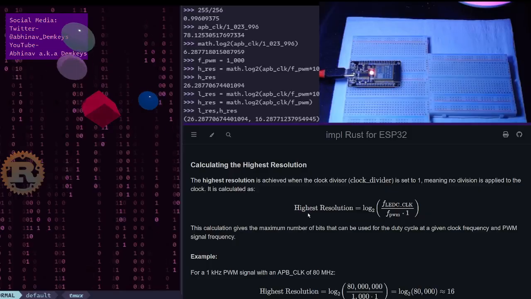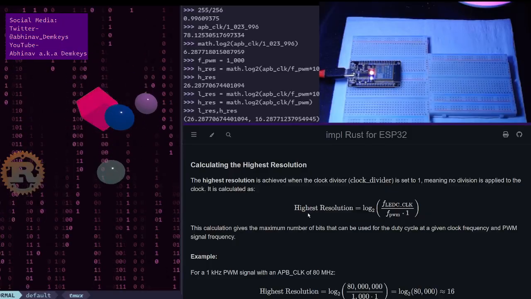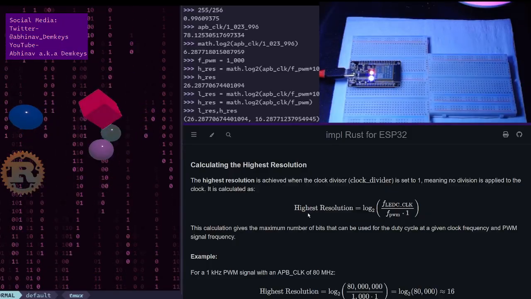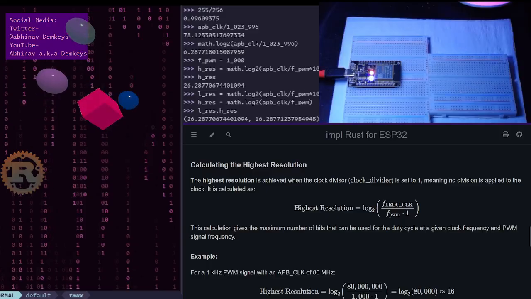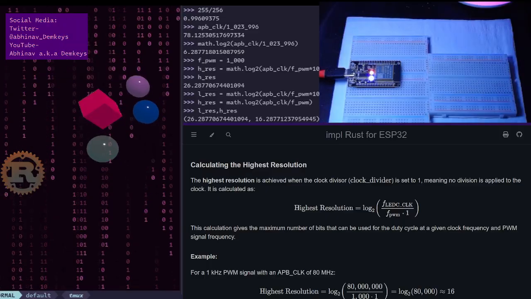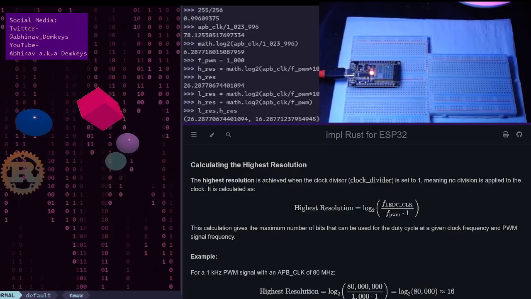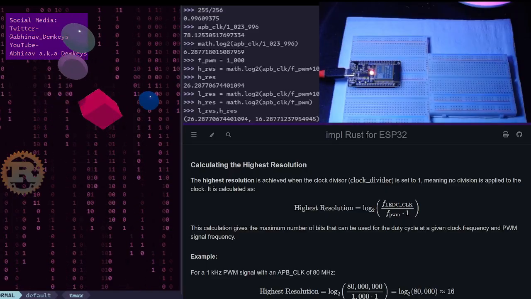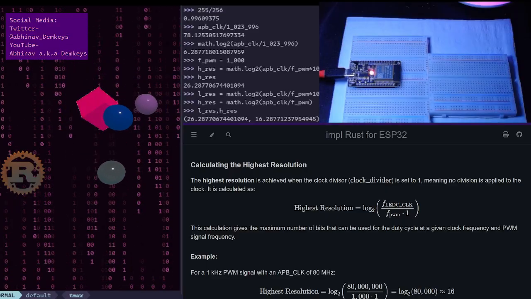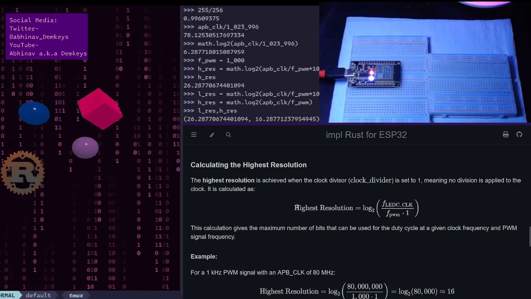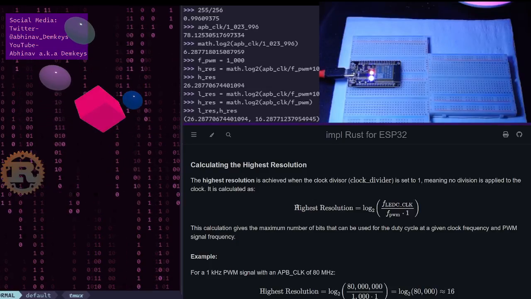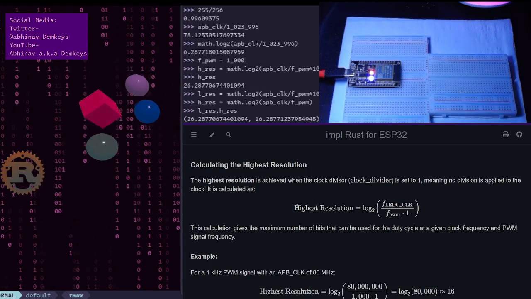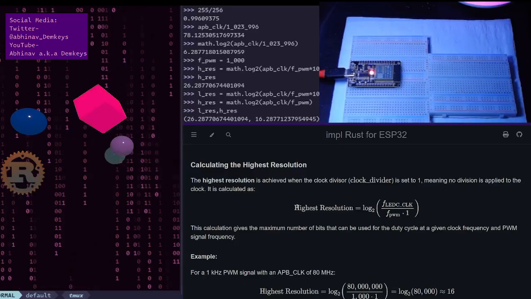Then lowest resolution, divider equals max. You are slowing down the clock as much as possible. Because the clock is crawling, you can only fit a few ticks, about 128 ticks or 7 bits, into the same 1 kilohertz window. The range of choice for a 1 kilohertz signal: the ESP32 hardware gives you a working range.